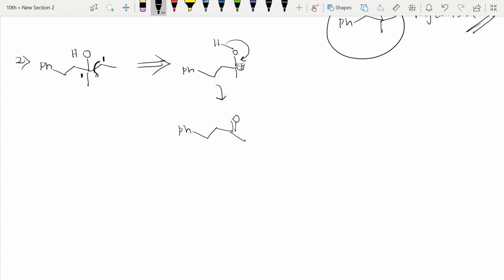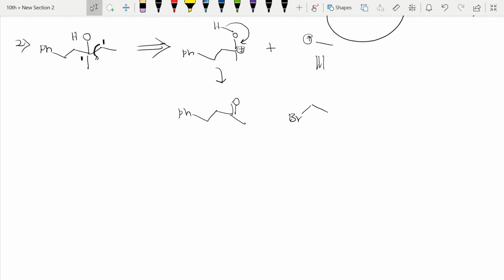Acetone is also a ketone, right? And one more will be like this, CH3CH2 plus. Its equivalent reagent will be CH3CH2Br, right? If Br leaves the system, that carbon gets a positive charge.